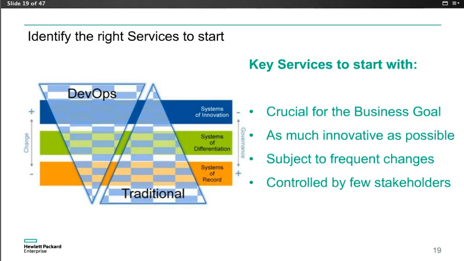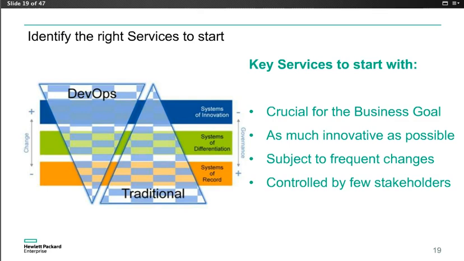When we talk about identifying the right service to start with, you can see in the picture a nice piece of advice: you should focus on systems of innovation rather than on systems of record. What does that mean? It's better to start with a system that you can innovate as fast as possible.